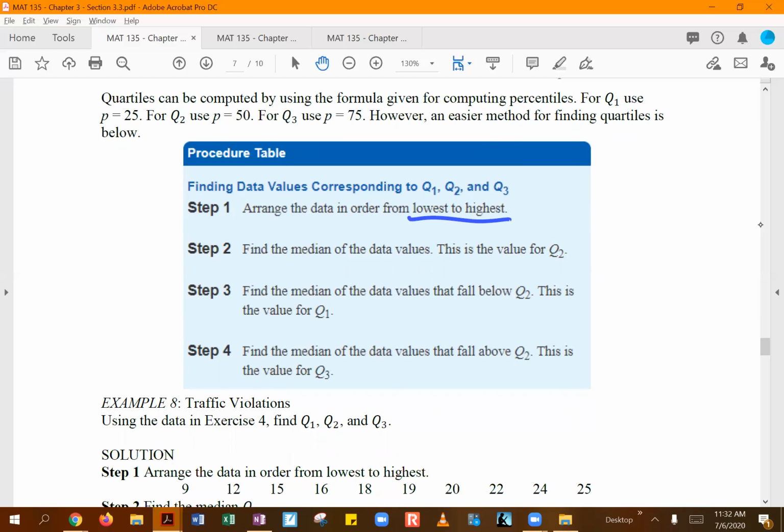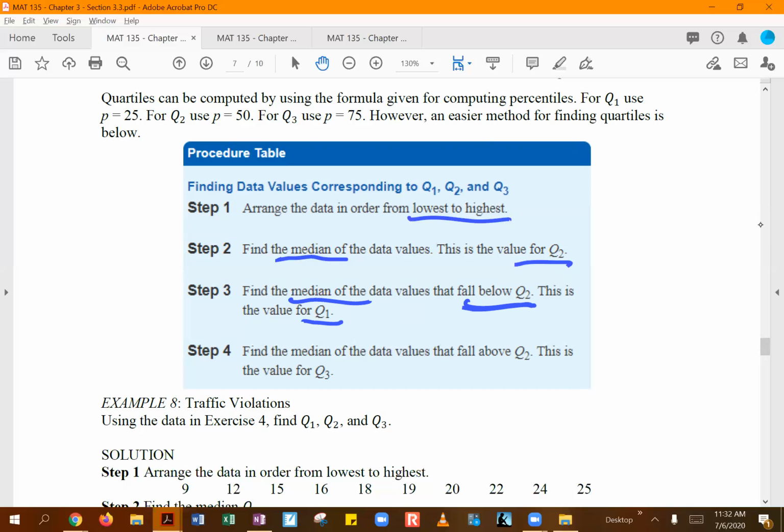Now, finding quartile 2 is the same as finding the median of your data values. Once you find that median, or quartile 2, you can look at all the data values that fall below this quartile 2 value and find the median again, and that would come out to be your quartile 1.